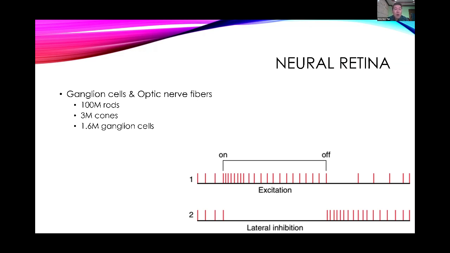If I have 100 million rods, 3 million cones, but I only have 1.6 million ganglion cells, how can one ganglion cell synapse with one rod? You would run out of ganglion cells. So in the peripheral part of the retina, one ganglion cell can synapse with many rods and cones.